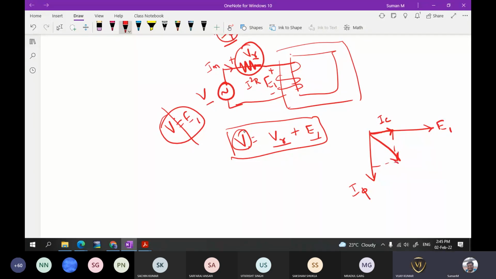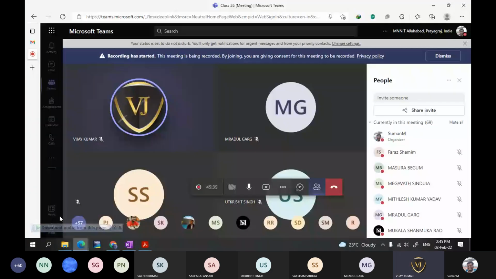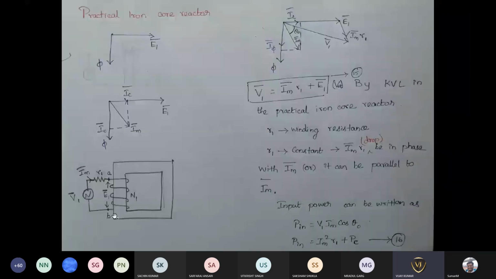You can see this current IC and IM, and this is I5. These three currents we have talked about already. Now V1 is the voltage that is the sum of E1 and IM R1. What is IM R1?